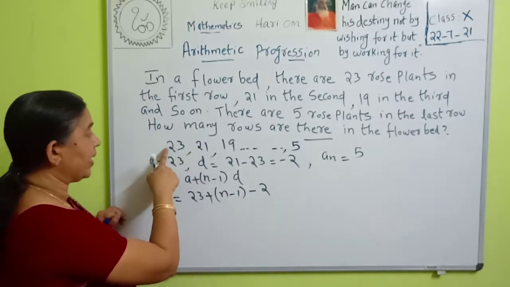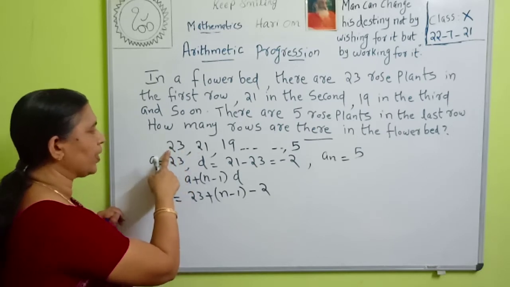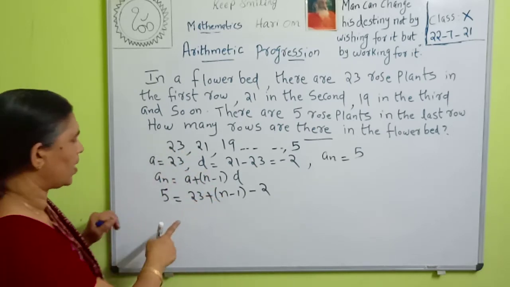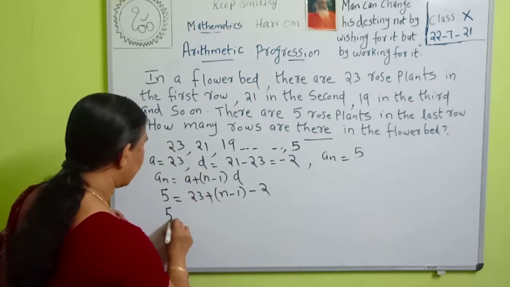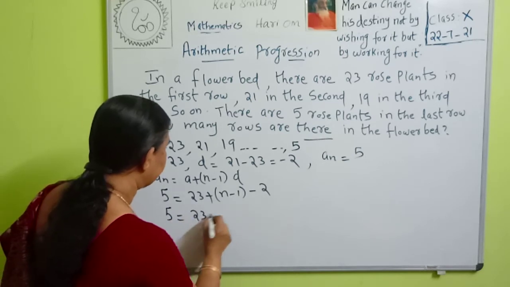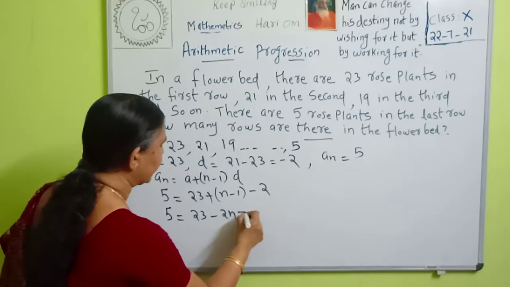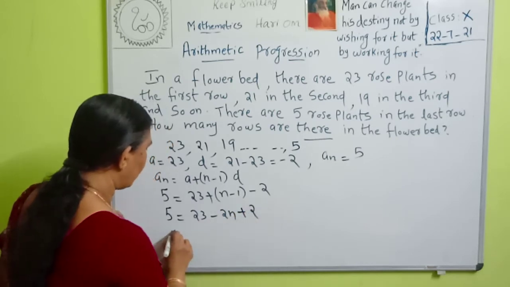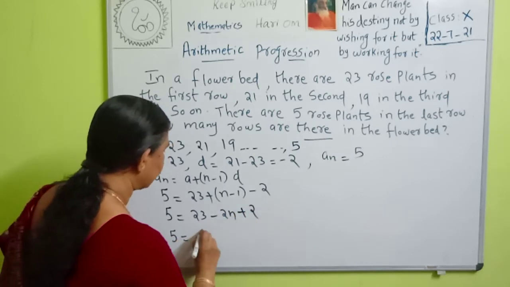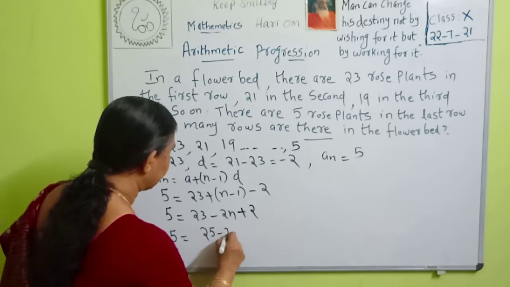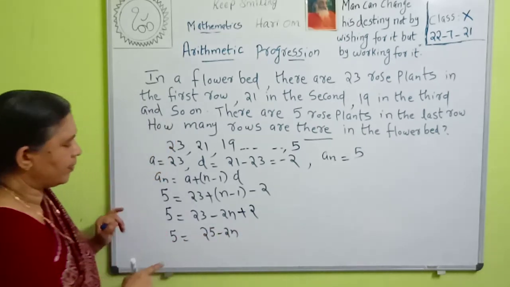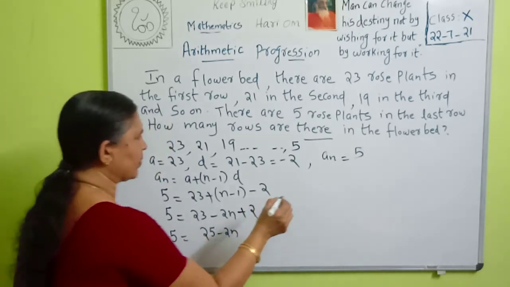You remember it here, the second term minus first term is 21 minus 23, so it is equal to minus 2. Then we can simplify it. 5 is equal to 23 minus 2 into n is minus 2n. Minus 2 into minus 1 is plus 2. So 5 is equal to 23 plus 2 is 25 minus 2n. Then we can transpose.